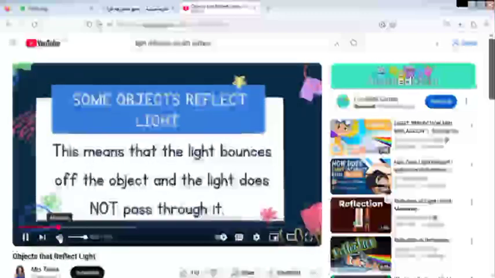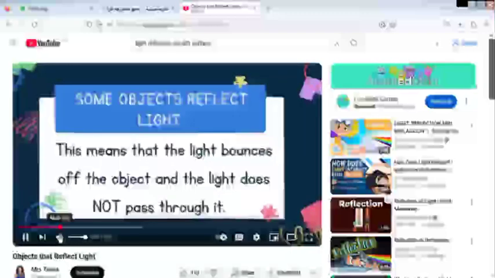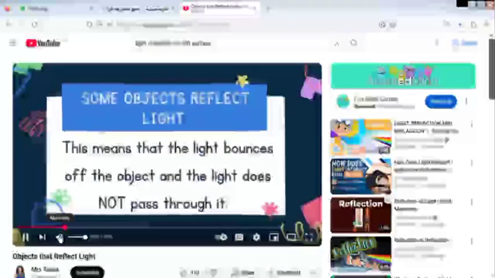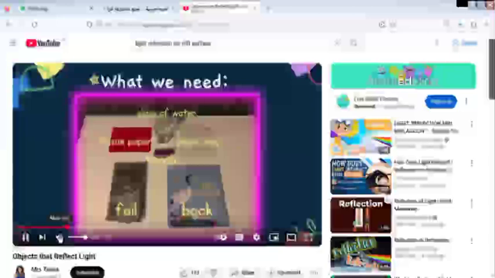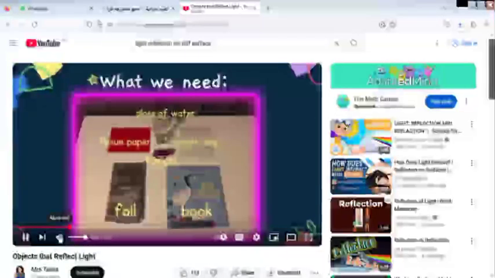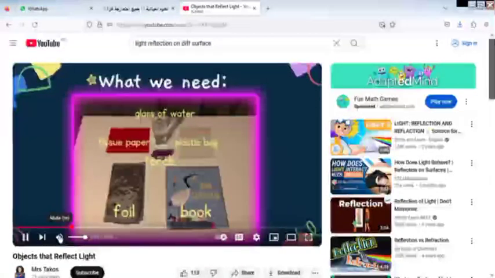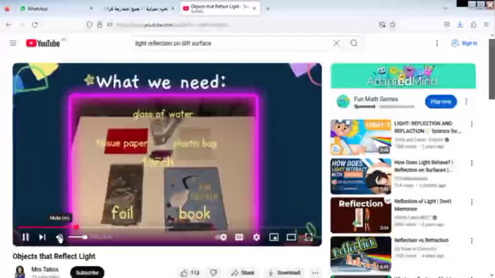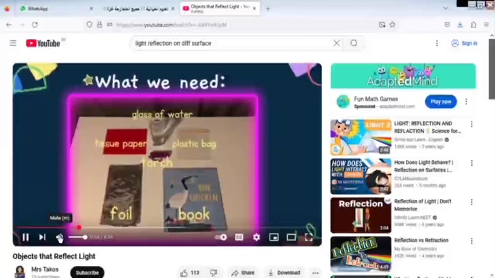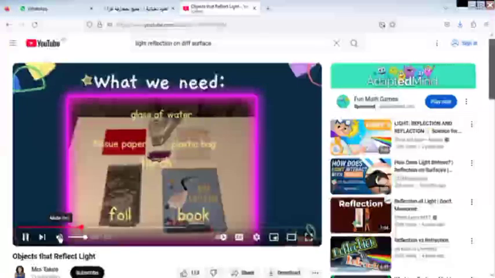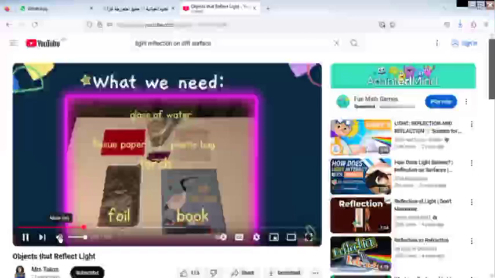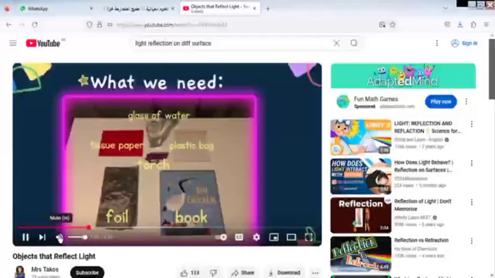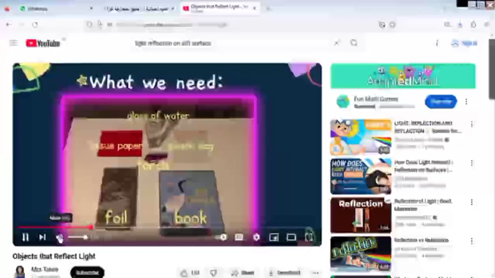This means that light bounces off the object and does not go through it. In our investigation today, we are going to use a torch as our light source, and we are going to see which of these objects stop the light from passing through it. The objects that we will be testing include tissue paper, foil, book, a plastic bag, and a glass of water.